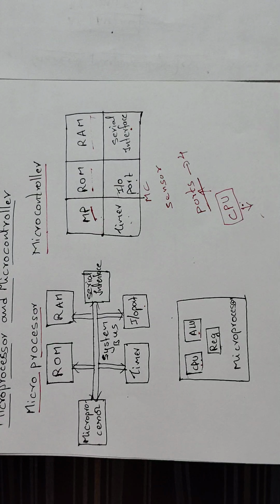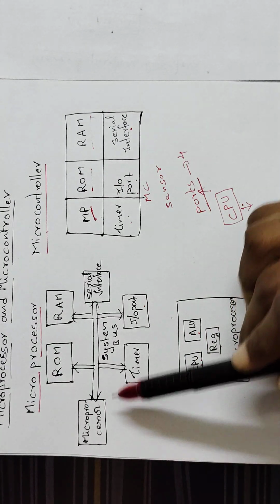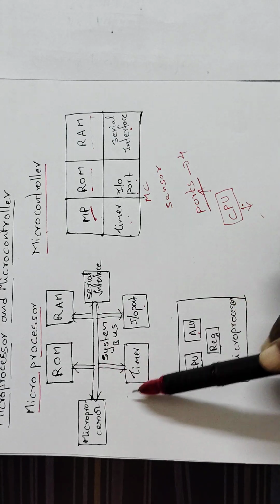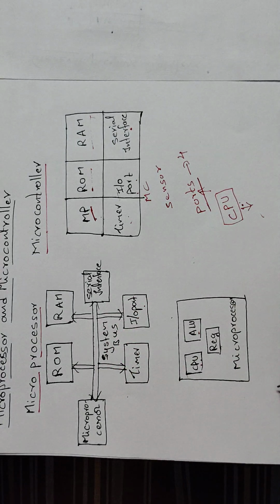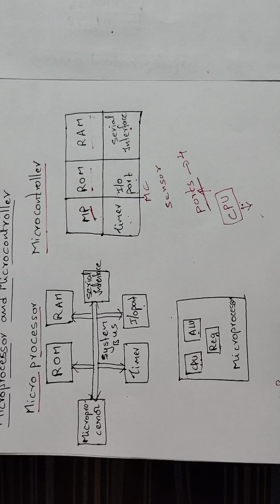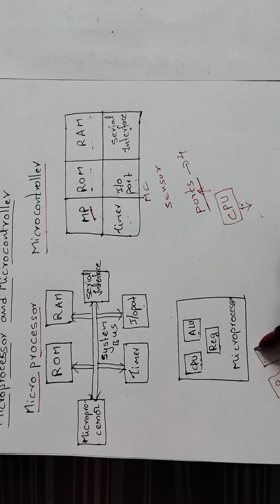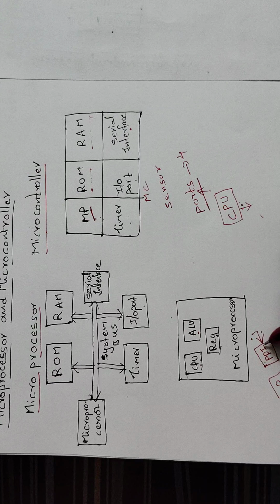Whereas in a microprocessor there are no ports. For that we have to use a PPI, Programmable Peripheral Interface, the 8255 IC, to interface external devices.